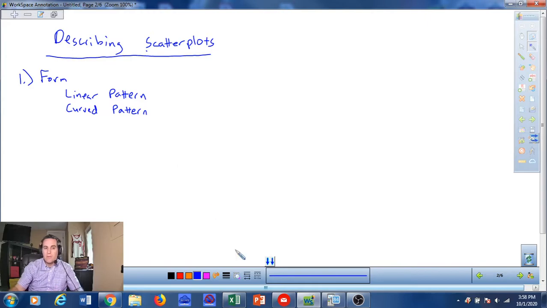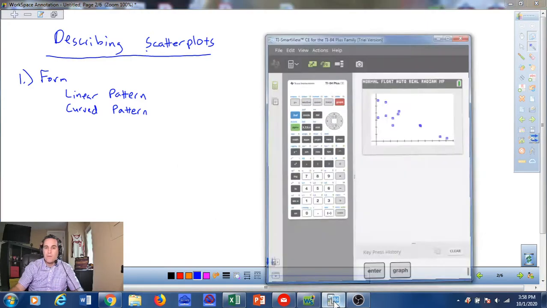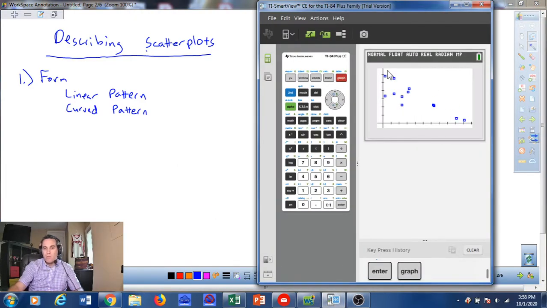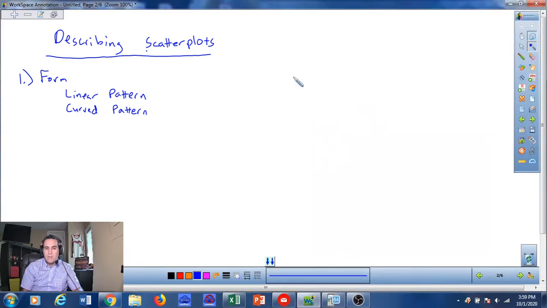That's probably impossible to have data that perfect. But in general, do these points look like they're following a linear pattern? I sort of call it a cloud here. There's like a cloud of points. Does that cloud look linear or does that cloud look curved? It looks sort of linear.